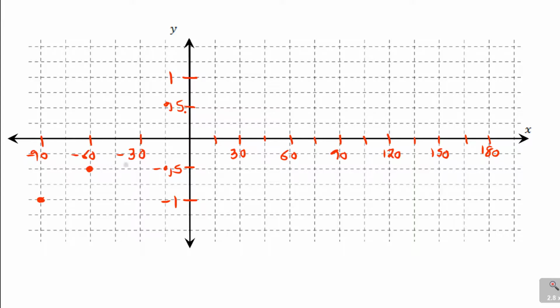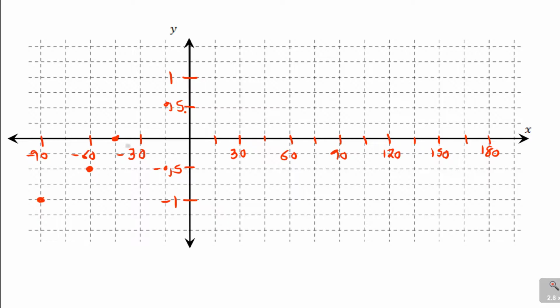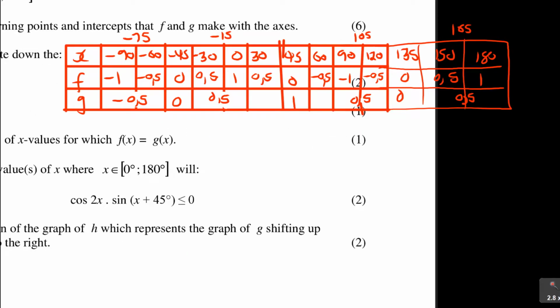-45, 0. I'm here. That's where is my -45. Okay. And then -30, 0,5. Negative 30, I'm up here at 0,5, and then in 0 I've got 1.